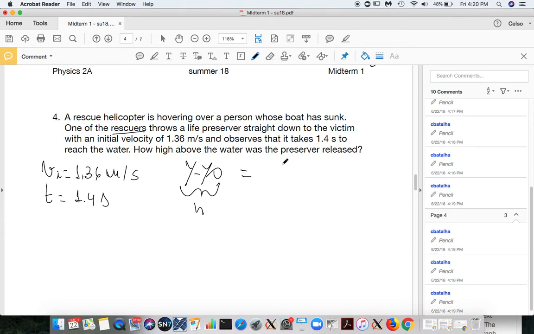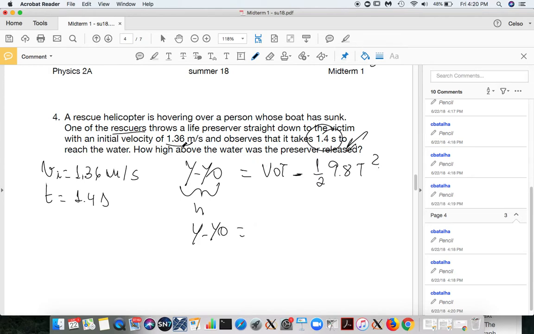This is equal to V naught T minus, so this is a free fall type of problem, right? One half G T squared. But here's the thing. We know the time, we know G, the acceleration. But what is the initial velocity?